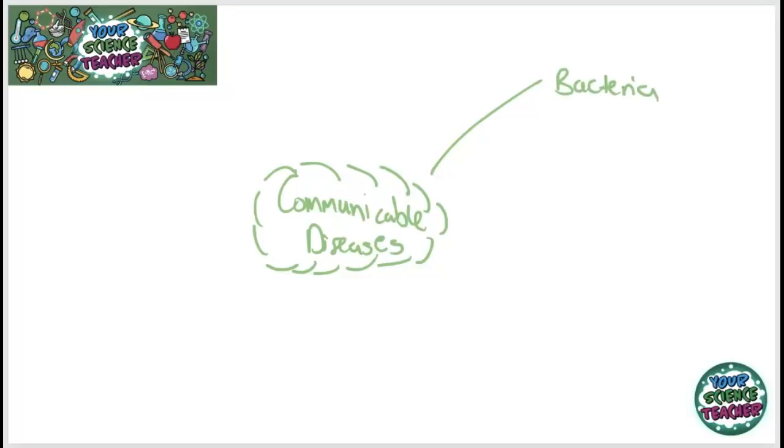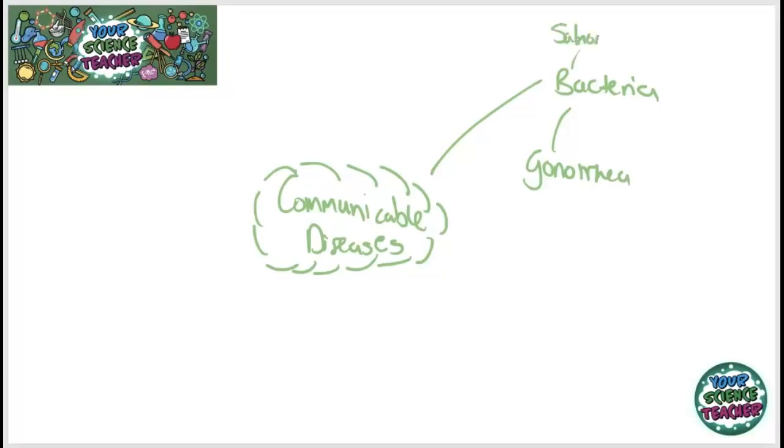An example of a bacterial infection could be gonorrhea, and gonorrhea causes you to get pus in your sexual areas, and it can be quite painful and cause pain while urinating. Another example of bacterial disease is Salmonella.